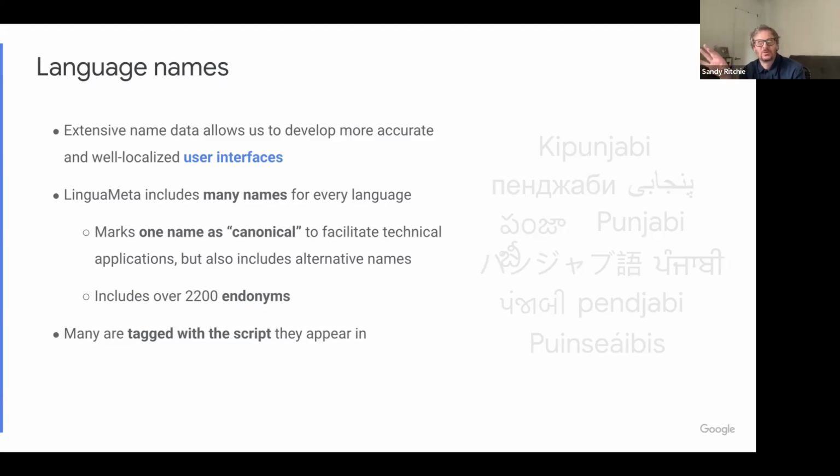But we also found that there are many variant alternative names in English and in other languages. So we have tried as far as we can to mark one name as canonical in the resource. That allows you to pick our canonical name by default, although we do also include all alternative names.